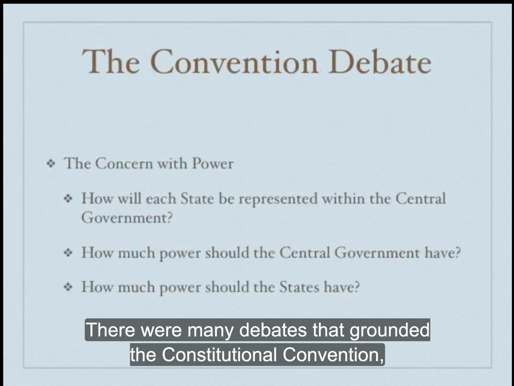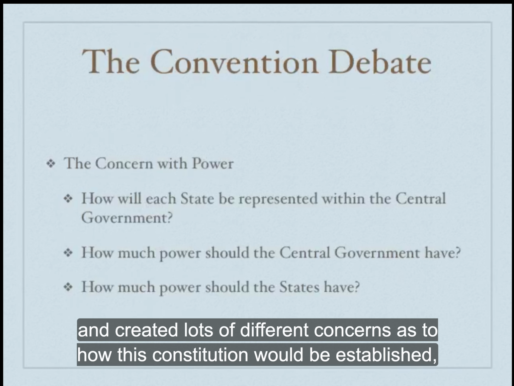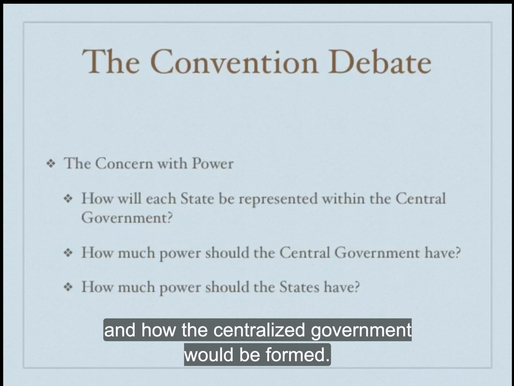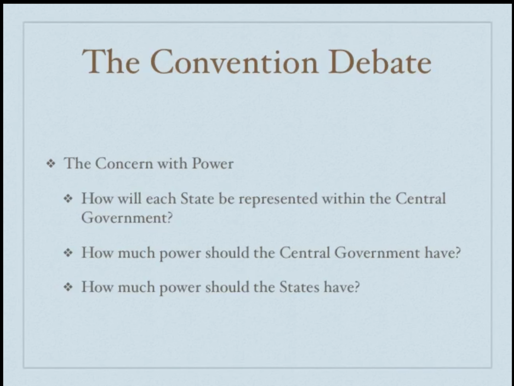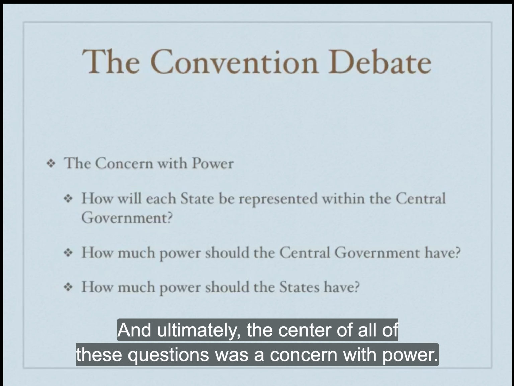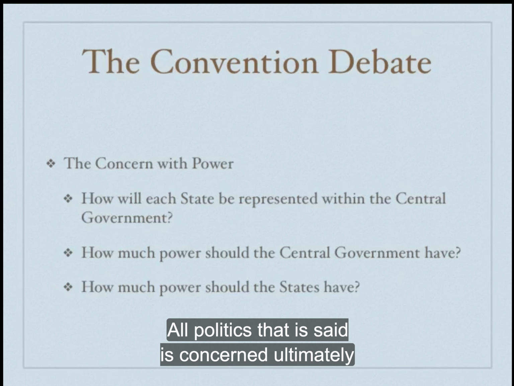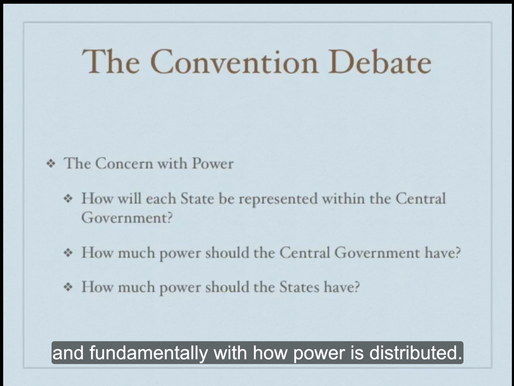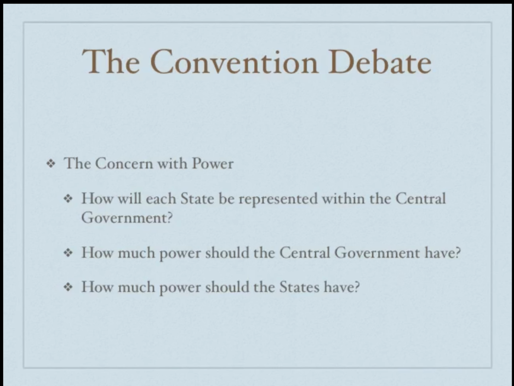There were many debates that grounded the Constitutional Convention and created lots of different concerns as to how this Constitution would be established and how the centralized government would be formed. And ultimately, the center of all of these questions was a concern with power. All politics, it is said, is concerned ultimately and fundamentally with how power is distributed.